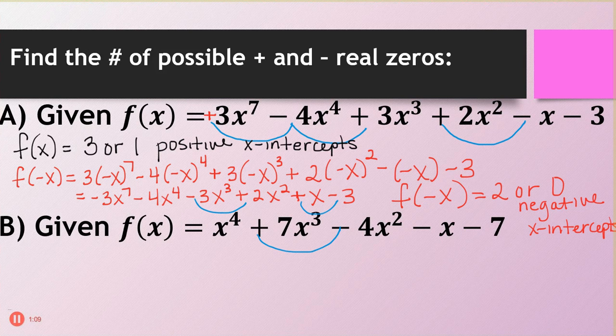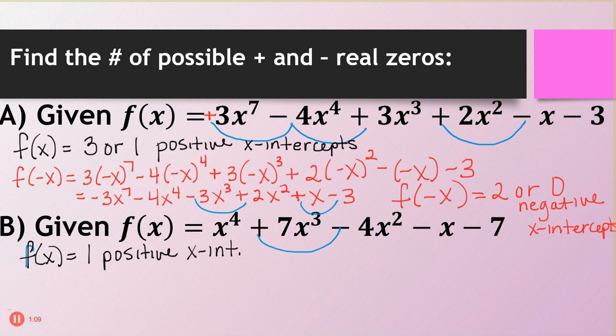So that means that f of positive x can only have one positive x-intercept. And of course we can't go backwards, because if we subtract 2, then we will have -1, which is not possible for the number of positive x-intercepts. So it has one positive x-intercept.